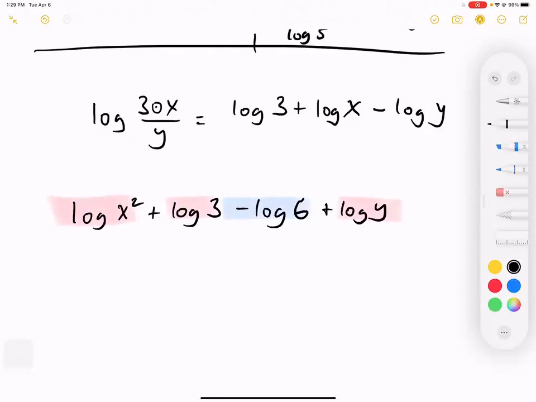So when we rewrite this as one log, this is one big log with x squared on top times 3 on top times y on top. See, these are all multiplying with the only negative log on the bottom. So these are pretty fairly easy.